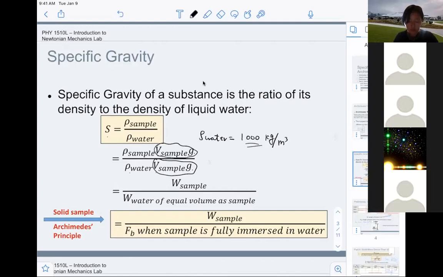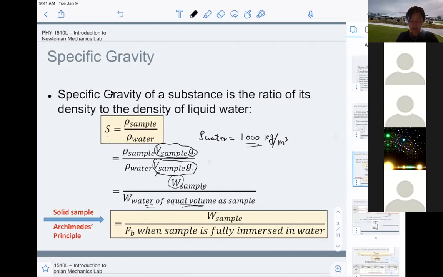So rho of the sample times volume of the sample becomes the mass of the sample times g, which becomes the weight of the sample. The denominator, what does that become? That is the weight of the water of equal volume as the sample, because you multiply by V of the sample.